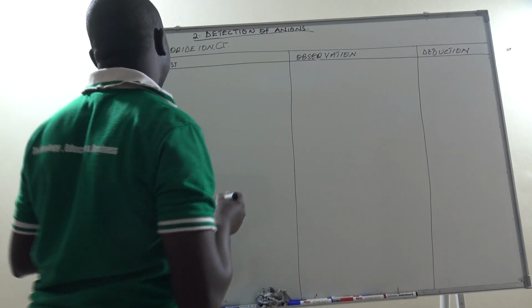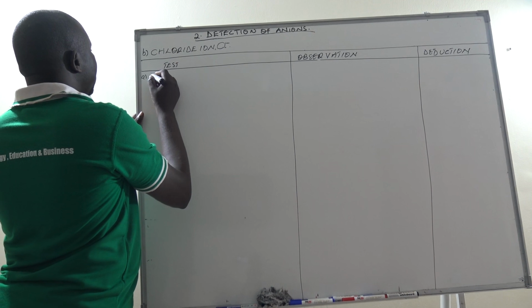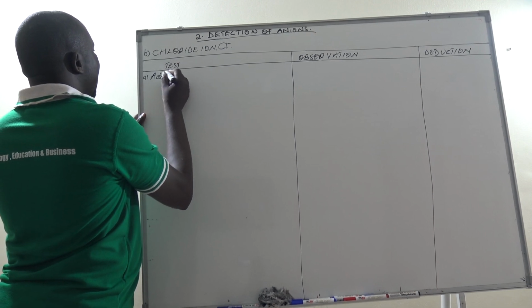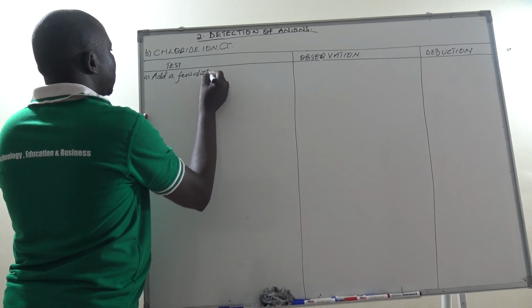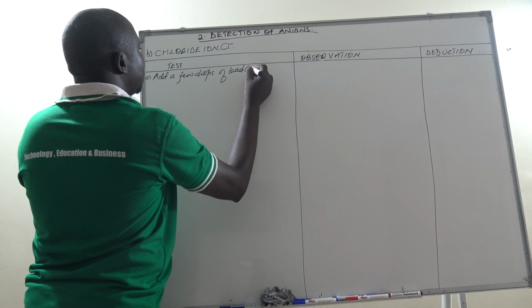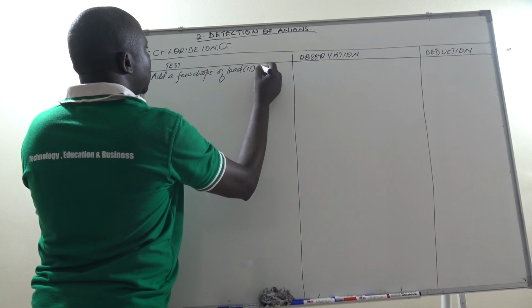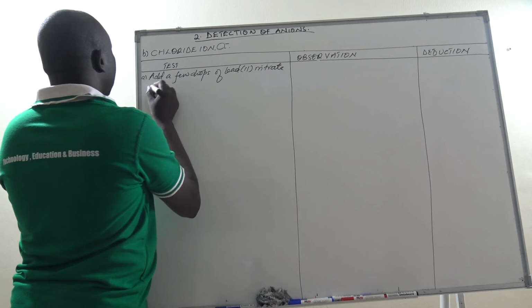Test, observation, deduction. The first test is still the use of lead(II) nitrate solution, in that we shall add a few drops of lead(II) nitrate solution.